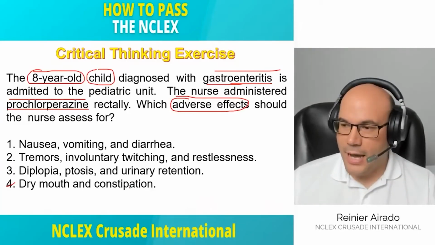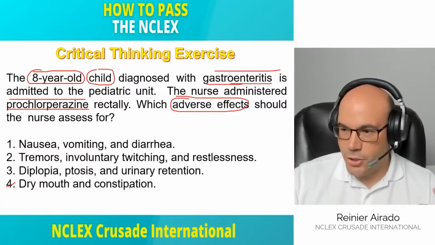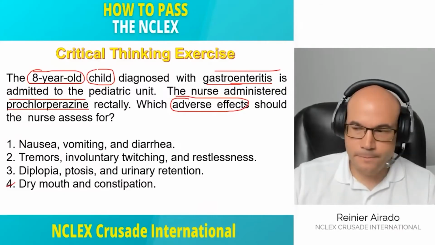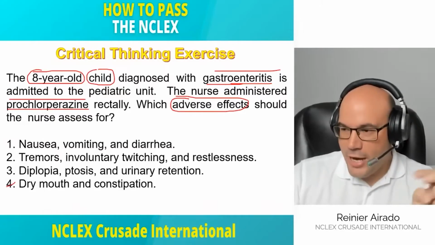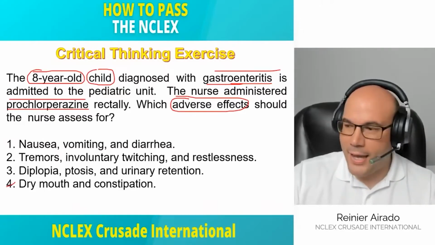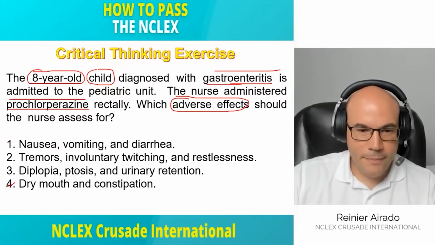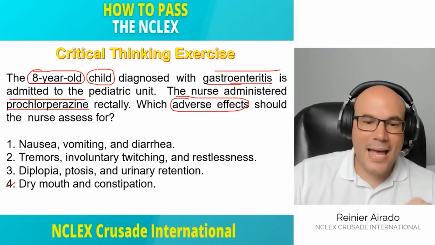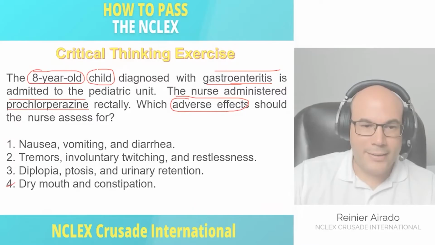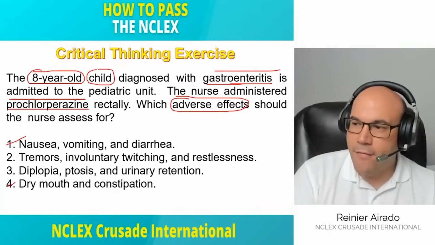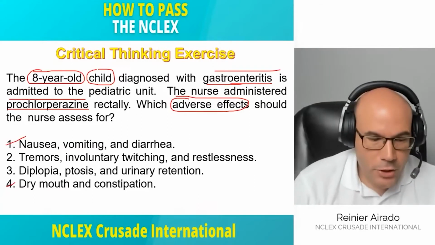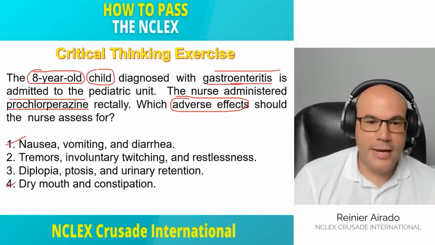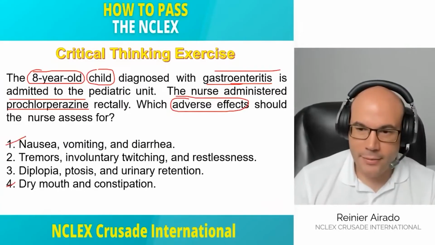We have answer 1, answer 2, and answer 3. Number 1 says nausea, vomiting, and diarrhea. Why is answer number 1 not the correct answer? If I'm giving this medication for gastroenteritis, I am giving it to relieve, to improve nausea and vomiting.